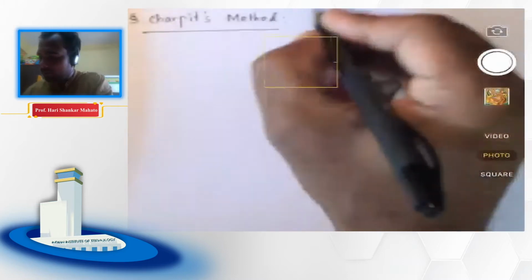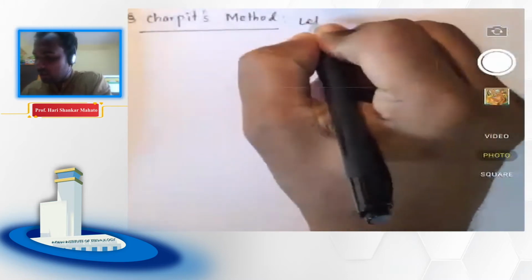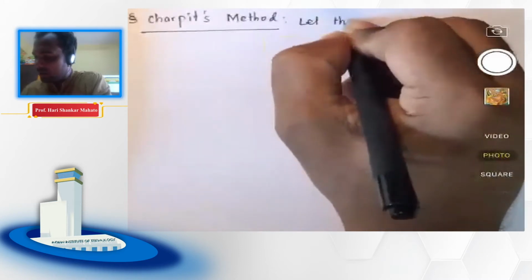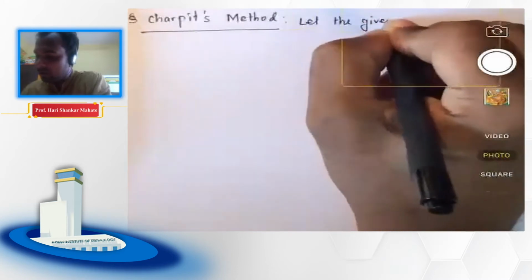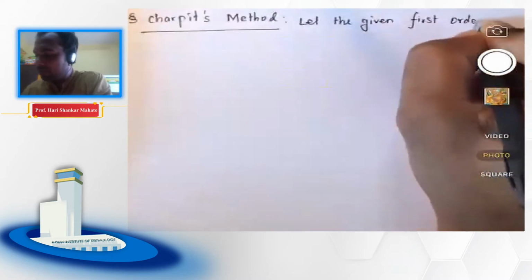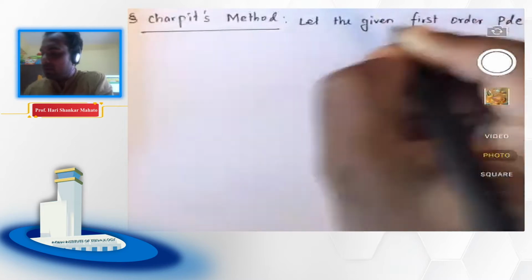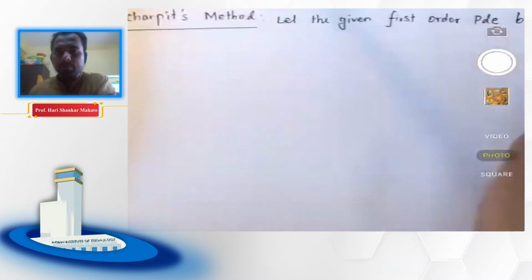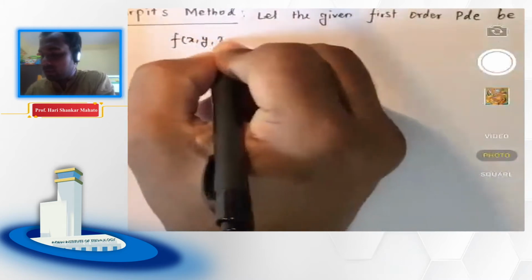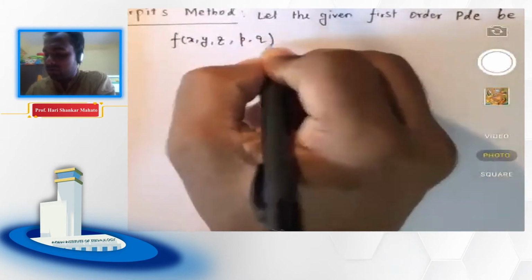So suppose the given first order PDE be f of x, y, z, p, q equals to 0.